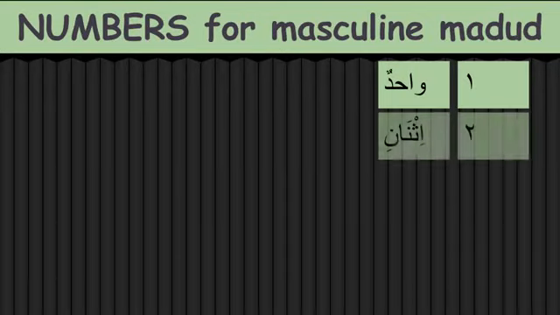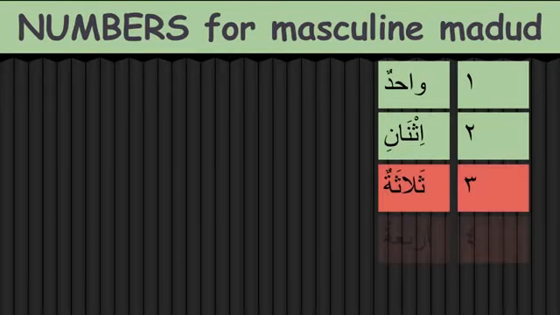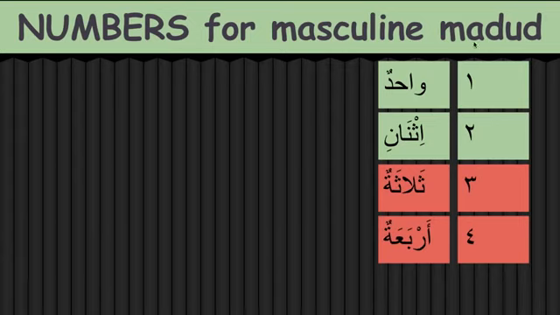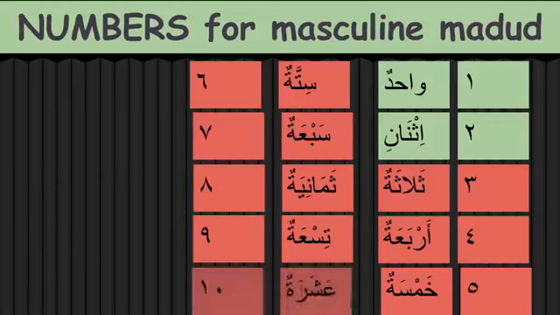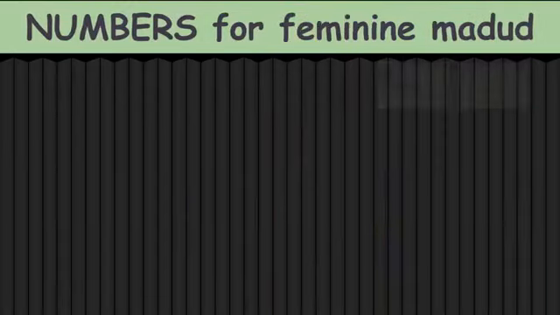Just to recollect: wahid, ithnan, thalatha. For the masculine ma'dud, we'll have feminine numbers with the ta marbuta: thalathah, arba'ah, khamsah, sittah, sab'ah, thamaniyah, tis'ah, asharah. These are the numbers we use for masculine nouns from 3 to 10, and 1 and 2 will have masculine numbers because they are adjectives.